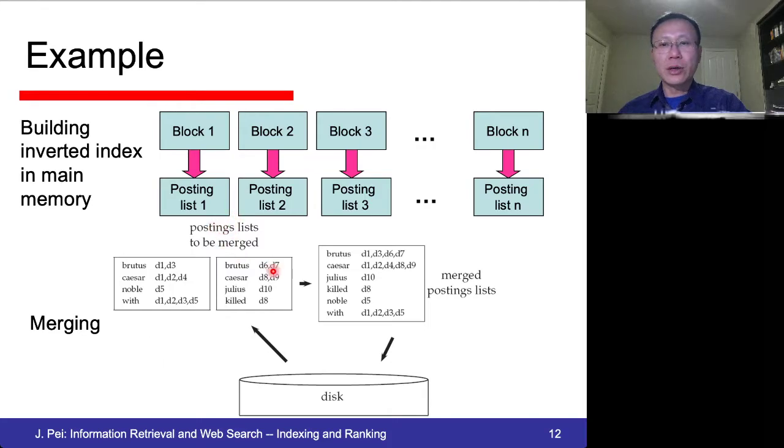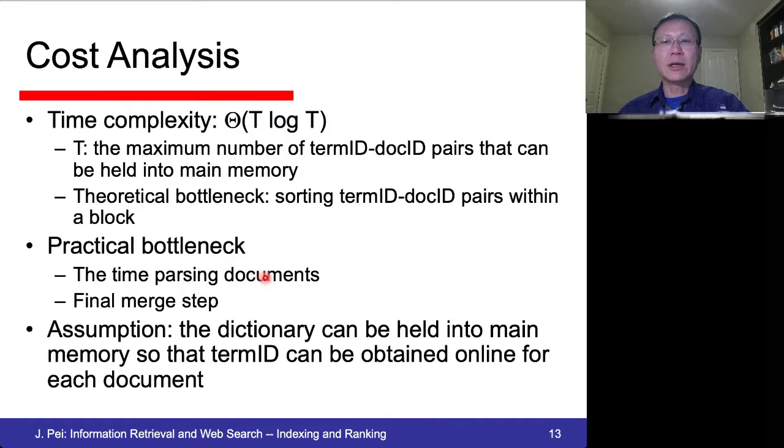Because we need to sort all the postings and merge them, indeed we need this T log T. This is a theoretical bottleneck here because we need to sort the term ID, document ID pairs within a block so that later on we can merge them.